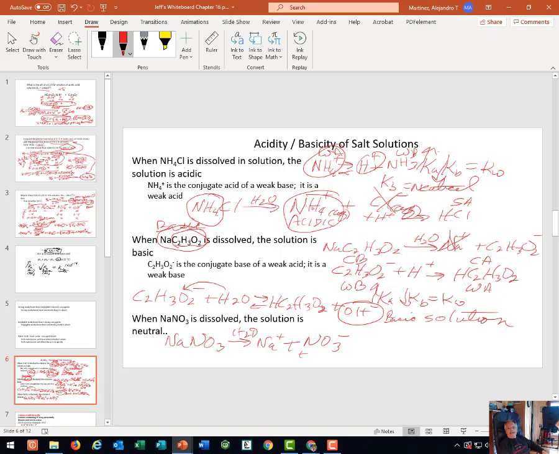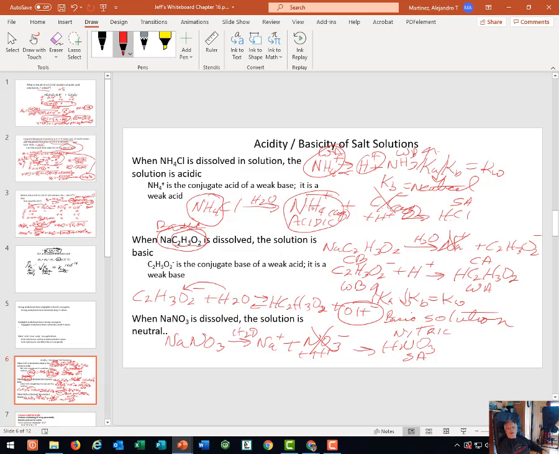If I added H plus to the anion, what would that give me? It would give me HNO3, and this is nitric acid. Nitric acid, you need to know your strong acids, and it is a strong acid, which means that nitrate is neutral. Its Kb is so small that we can ignore it.